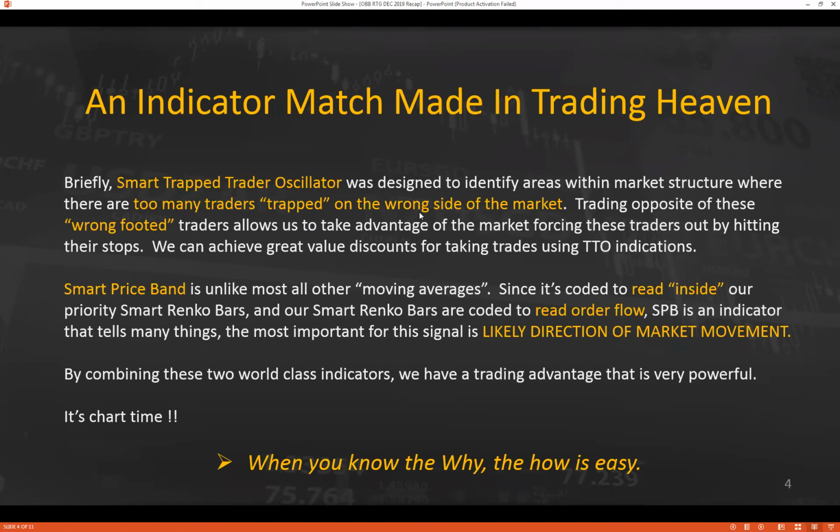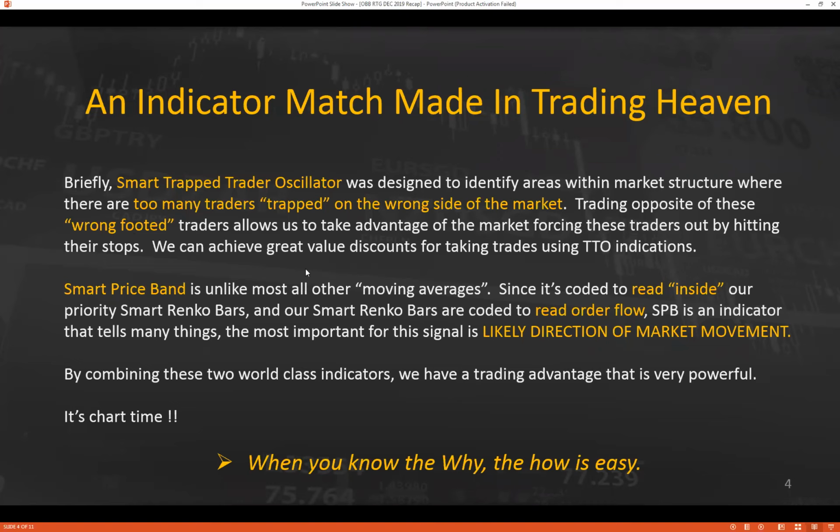Hopefully, we are only occasionally trapped on the wrong side. But when the market squeezes these wrong-footed traders out of the market, it forces the market to move in our direction, and we take advantage of that. So we get a great value-added discount for taking trades using Trap Trader Oscillator and the indications that it gives us.